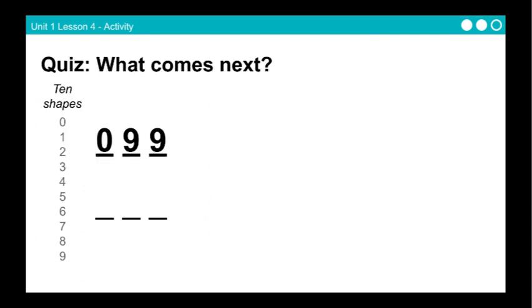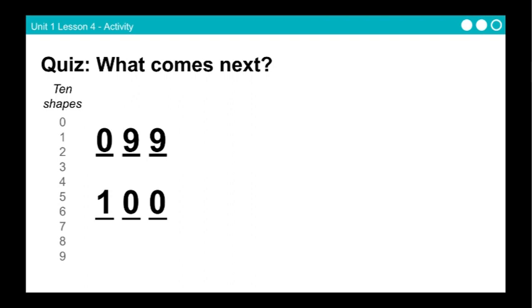Now, what happens when we count up to the last shape? What number comes after 099? 100. Exactly.